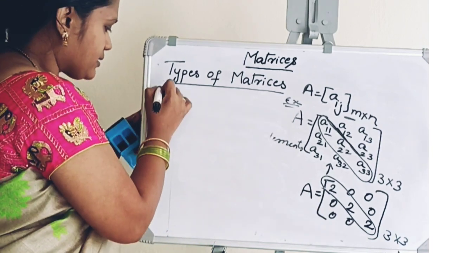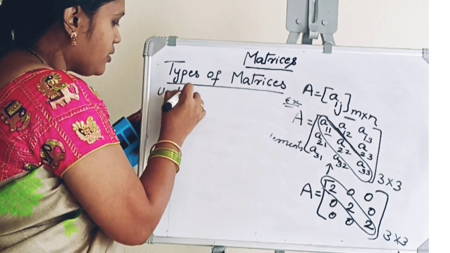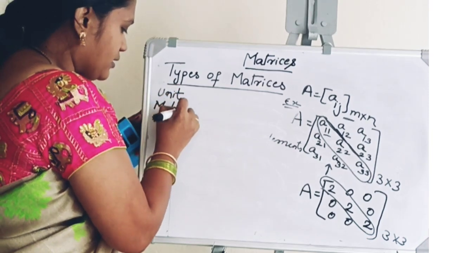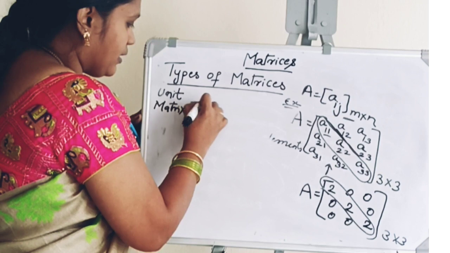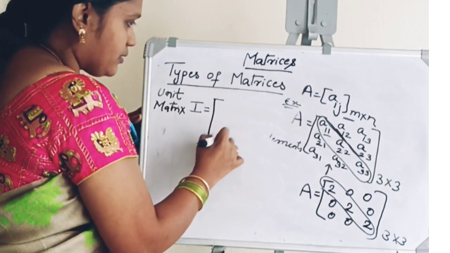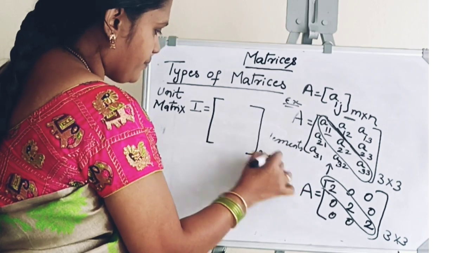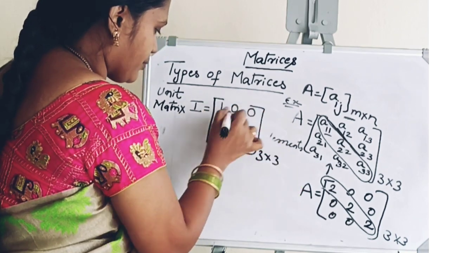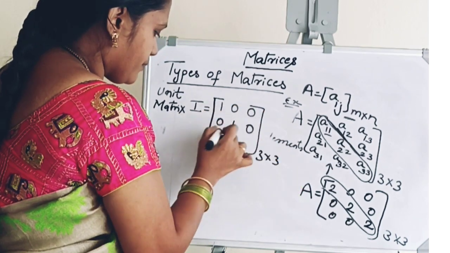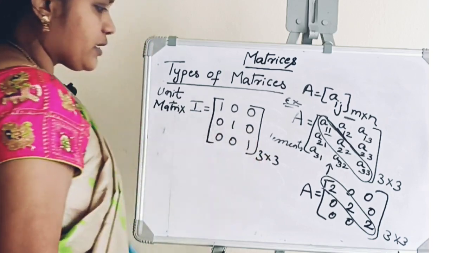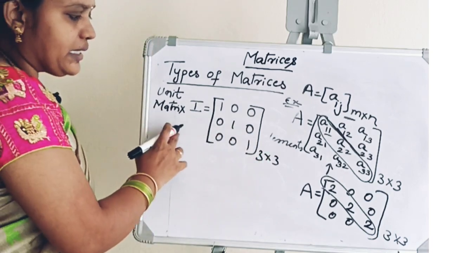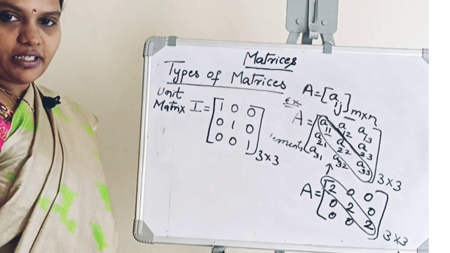Unit matrix. Unit matrix we usually represent with capital letter I. If we take a 3 by 3 matrix, consider this example. You can see here, a unit matrix is a scalar matrix. Definitely. Why?